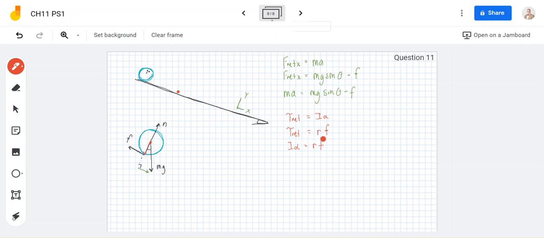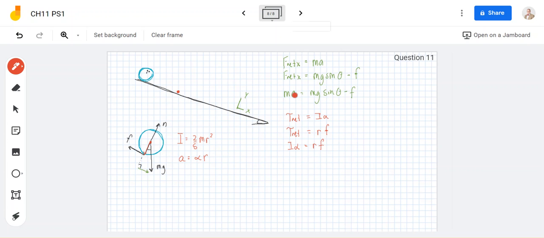Now, I'm using a solid sphere, so the moment of inertia for a solid sphere is 2/5 mr squared. And I know that the relationship here, linear acceleration is equal to alpha r.